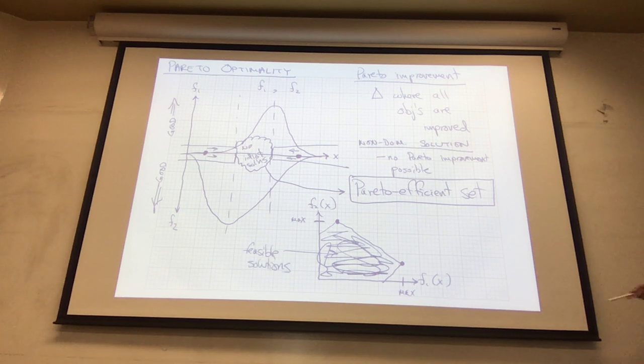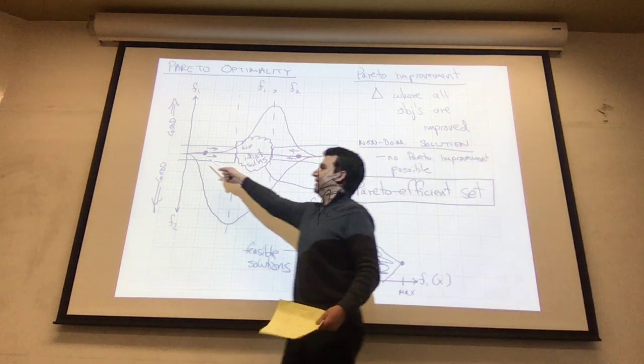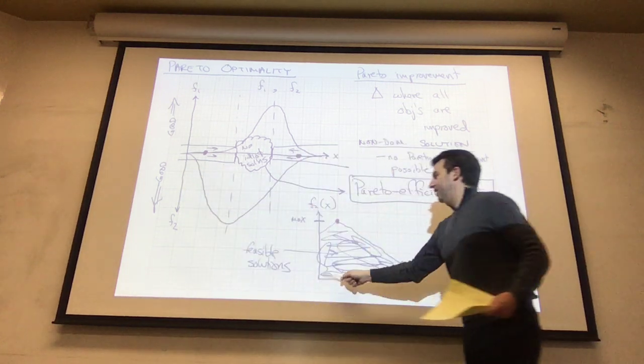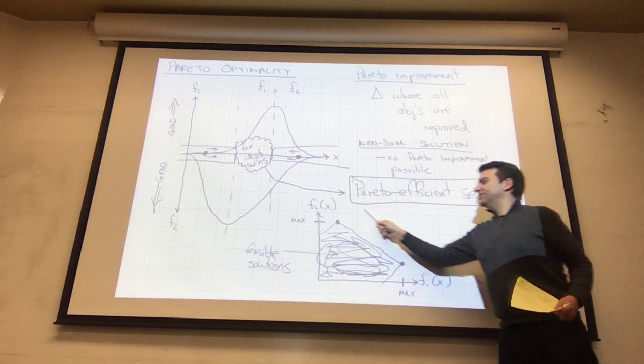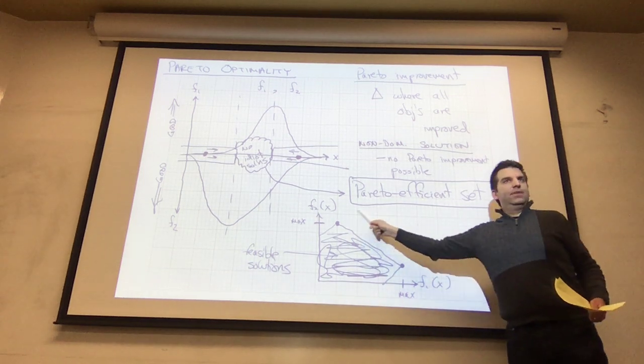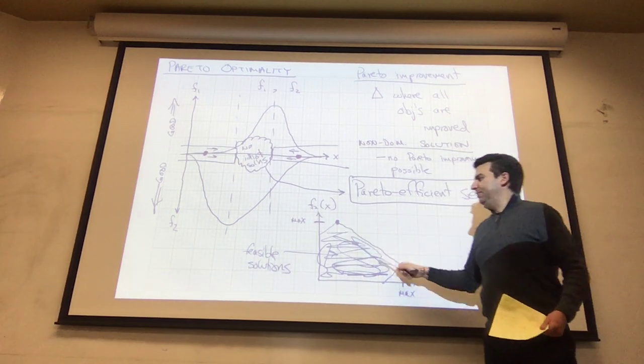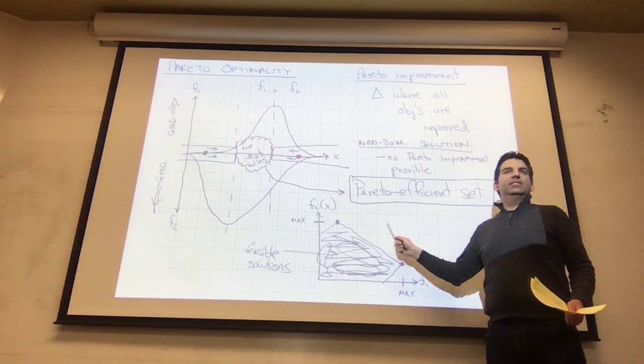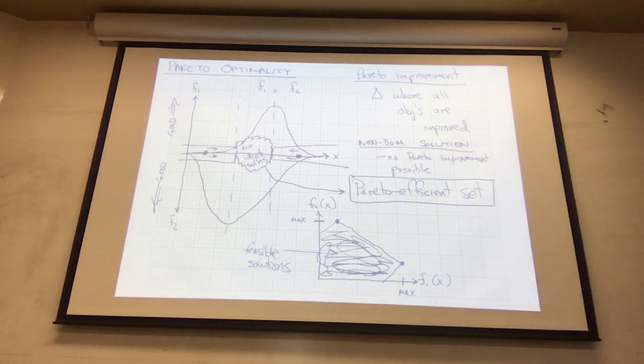So you can see, there is a solution where they both are basically 0. That does exist out here. There are a set of solutions that are infeasible. And a boundary between the feasible set and the infeasible set is the so-called Pareto Frontier. And so this is the Pareto Frontier.